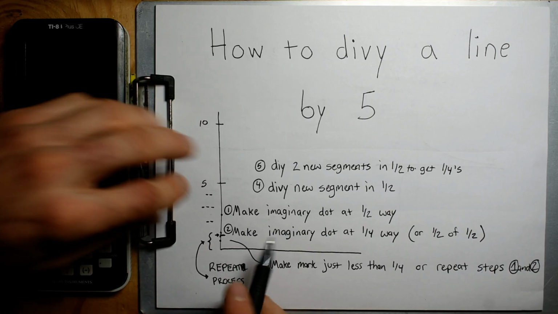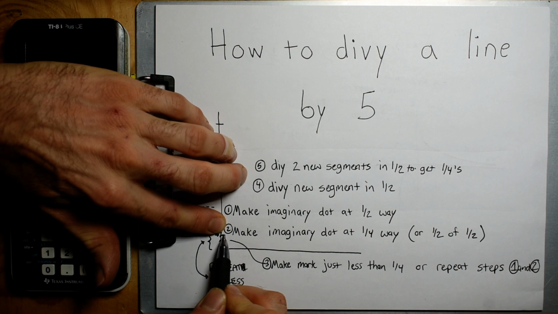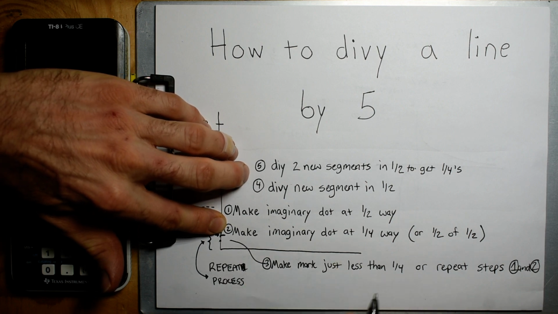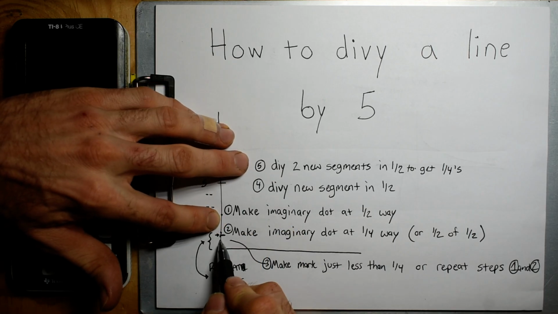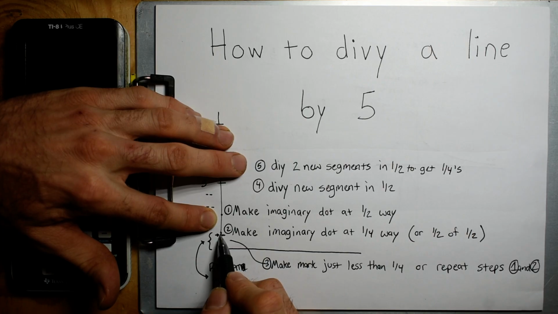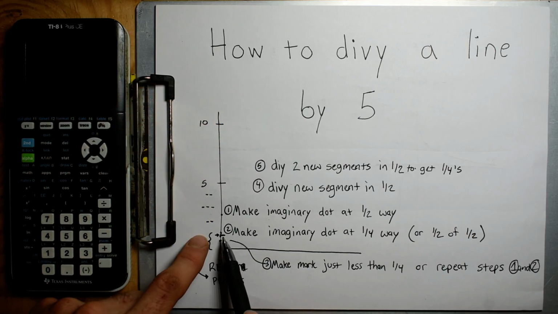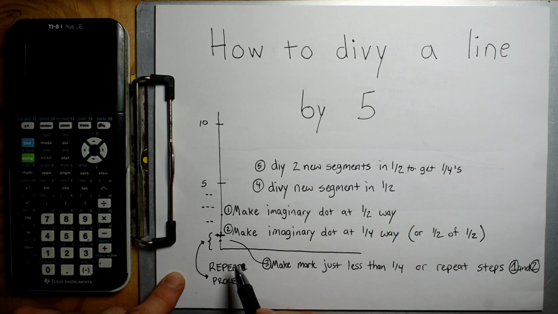So if this is my remainder, I'm going to do half, quarter, but just less of a quarter. That was kind of our guess. Or repeat steps 1 and 2 by going here and going half, and then a quarter, and then half and a quarter. Do whatever you need to do. But this mark represents 1/5.